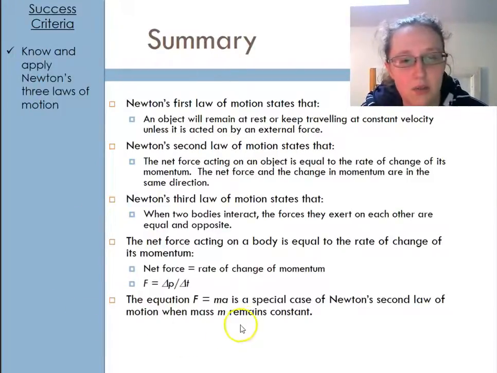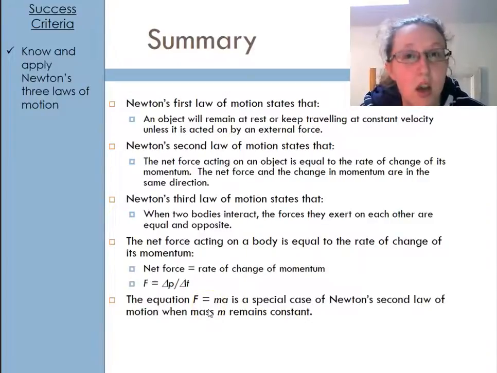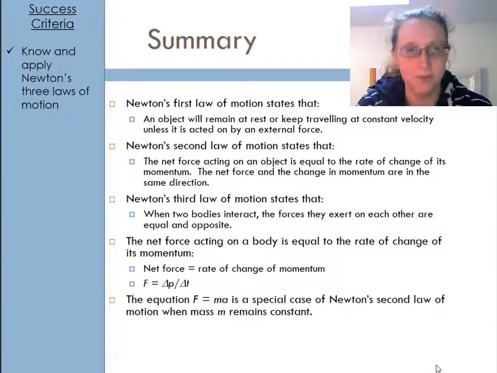Because hopefully those of you who are sharp-eyed can remember that momentum was mass times velocity, so I have mass times velocity over time. Velocity over time is acceleration, so that's absolutely fine to be F equals ma as long as the m stays constant. We're going to get to slightly more complicated situations where that is not always true, which is why we needed the better version of Newton's second law.